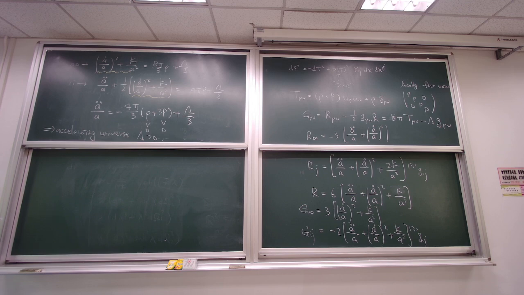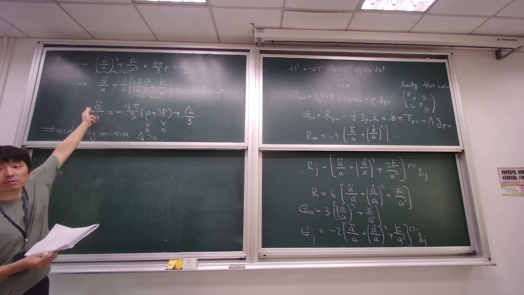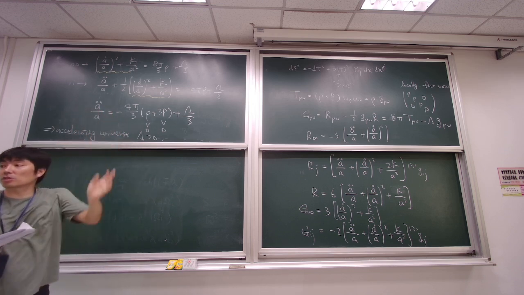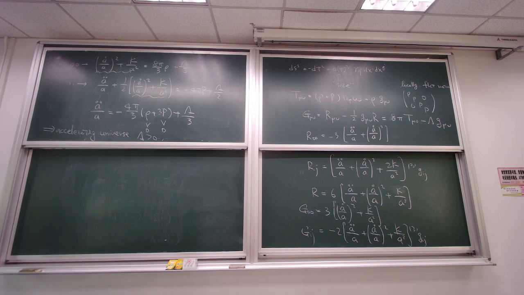If the right-hand side is negative, A double dot is negative, which means decelerating. Okay, and from here one can derive the Hubble law.